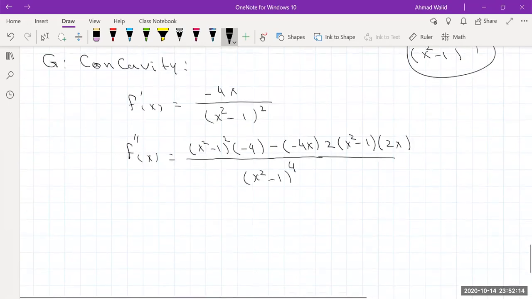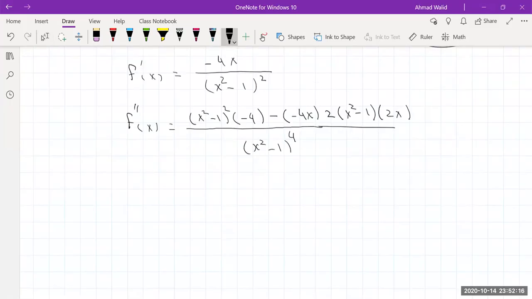Correct? Let's simplify. Some people distribute. No, focus a little bit, please. Don't distribute. Between this term and this term, x squared minus 1 is common, right? Let's take that one common. Let's simplify it easily. f double prime of x equals, I'll factor out x squared minus 1.